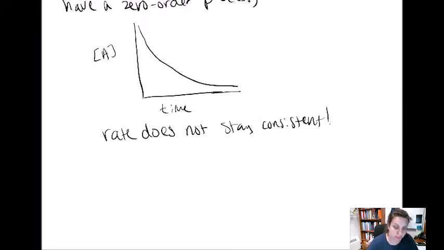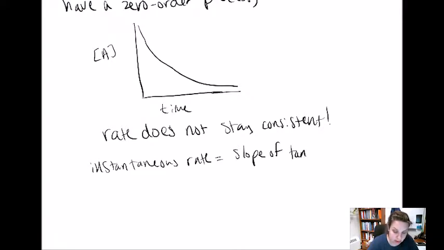So a lot of times when we're talking about rate, we're talking about an instantaneous rate. Instead of a relative rate, looking at two points and the concentration versus time for those two points, we're going to look at the instantaneous rate, which is basically the slope of the tangent line at any point.